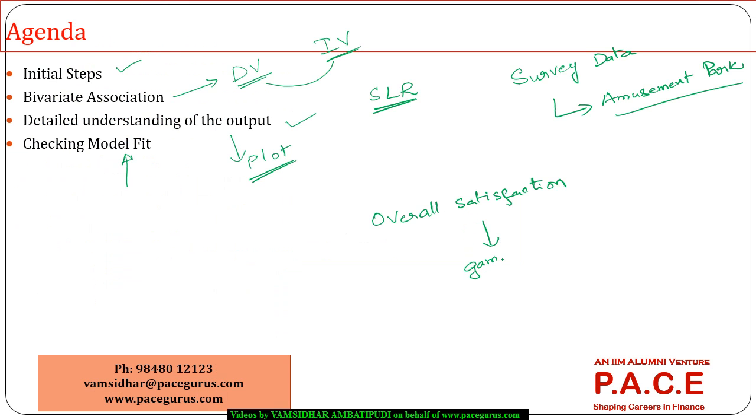So depending on the level of games related satisfaction, can I try to understand the overall satisfaction of the visitors? Or basically, can I really predict the overall satisfaction of the customers based on the kind of satisfaction they carried with the games? So that could be the motive for this particular session.